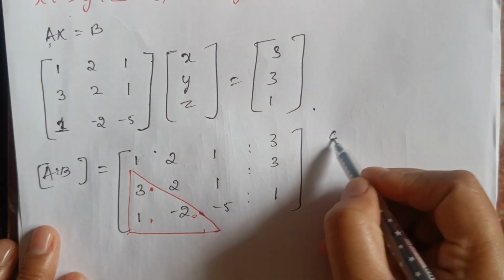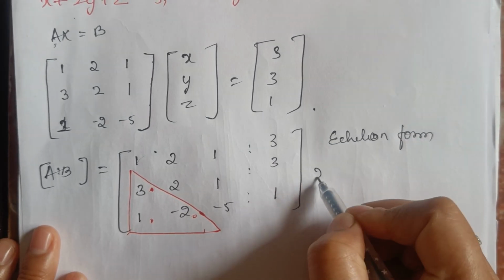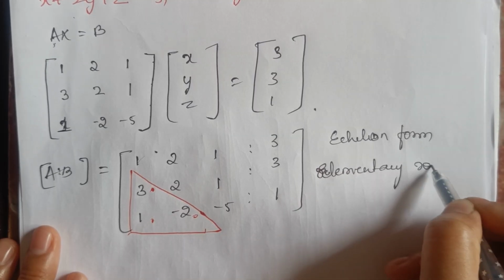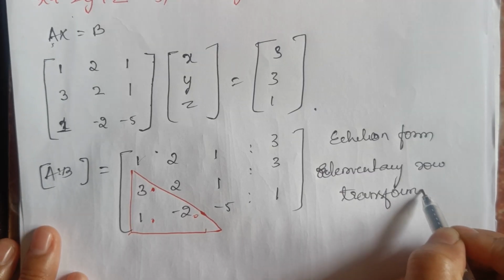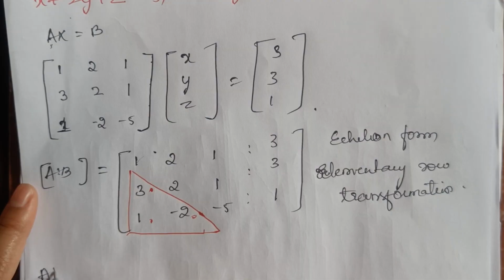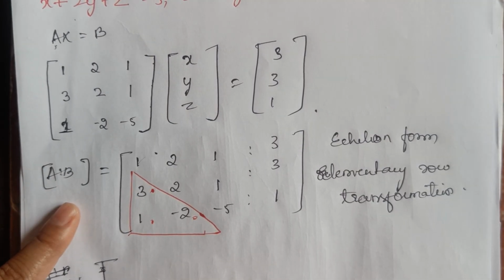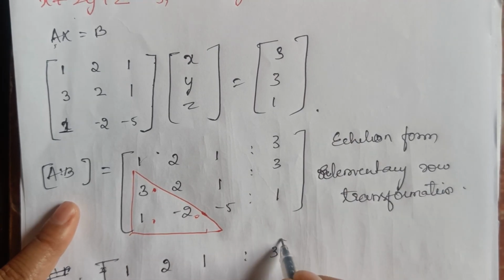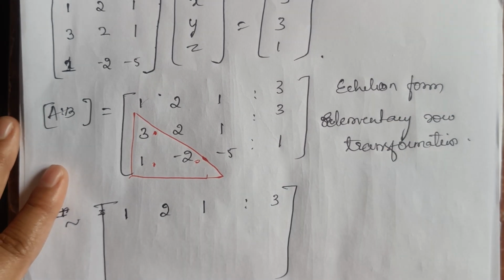So I'm going to use the echelon form, or elementary row transformation. This matrix starts with 1, satisfying the echelon form condition.